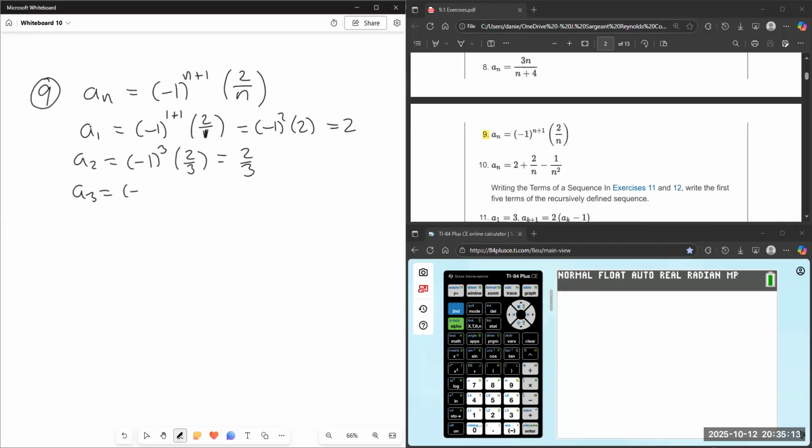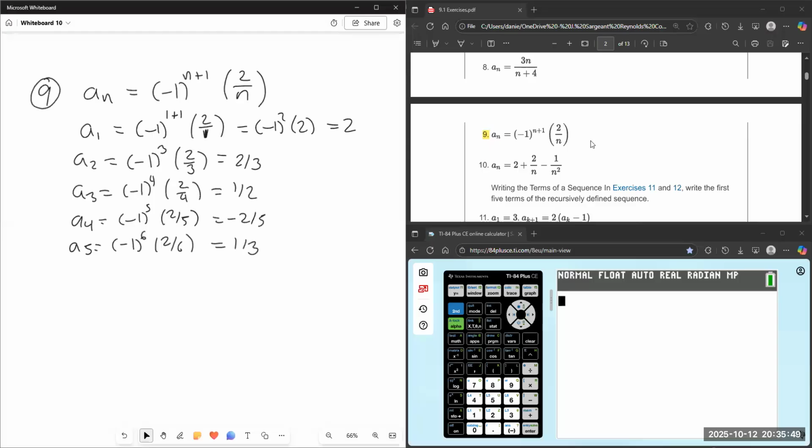A3 is -1 to the 4th times 2 over 4, is a +1/2. A4 is a -1 to the 5th times 2/5, will be a -2/5. A5 will be a -1 to the 6th, 2 over 6, so that will be a +1/3.